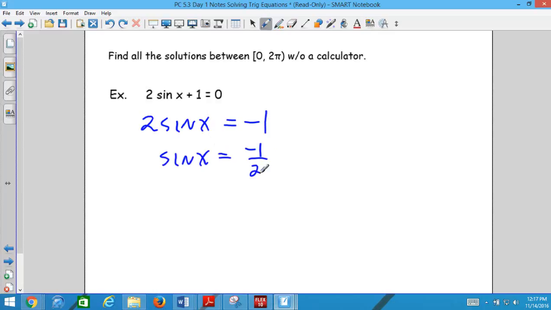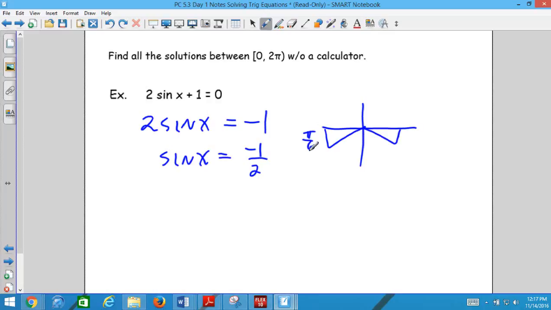So now where is sine x equal to negative half? If you need the picture, it's negative, so sine is negative in the third and fourth quadrants. And this is what reference angle? 30 degrees, so it's a pi over 6 reference.